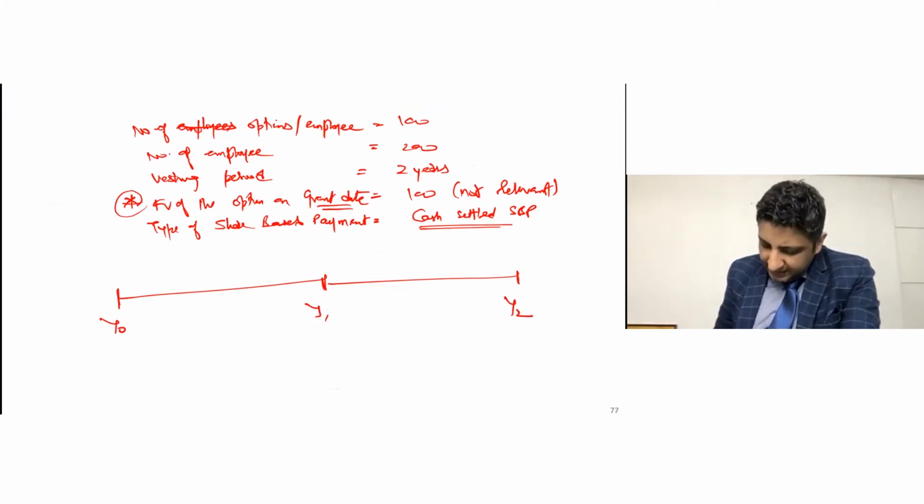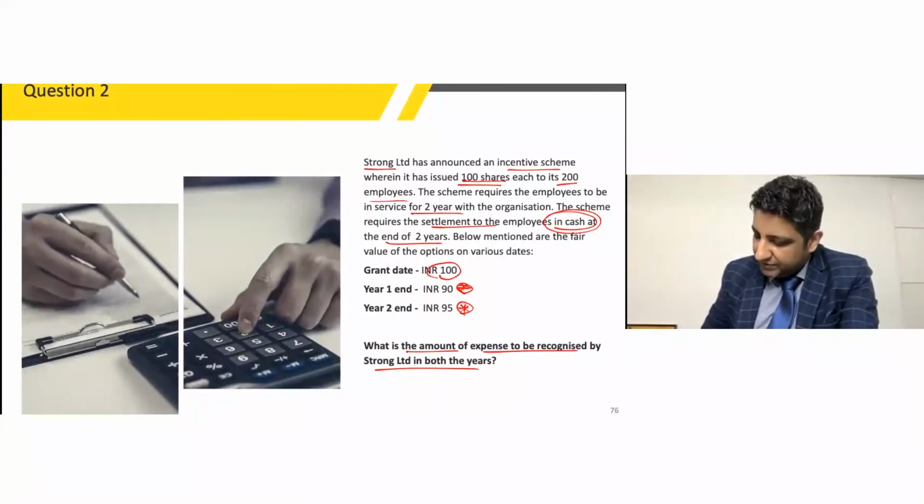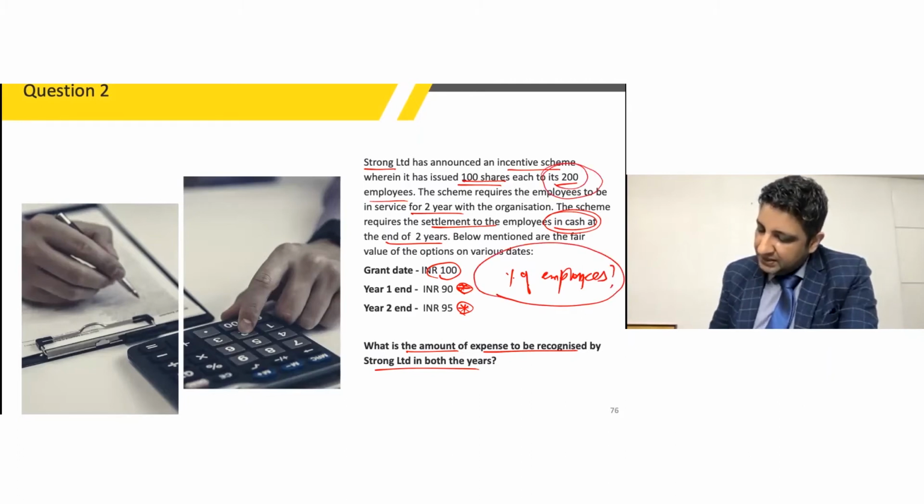I don't have to worry about year 0, but I would make an assessment of how many people are expected to stay and what is the value of that cash settled share-based payment at the end of year 1. We are not provided any information about the percentage of employees leaving, so we can safely assume that all these 200 employees are expected to stay in this scenario.